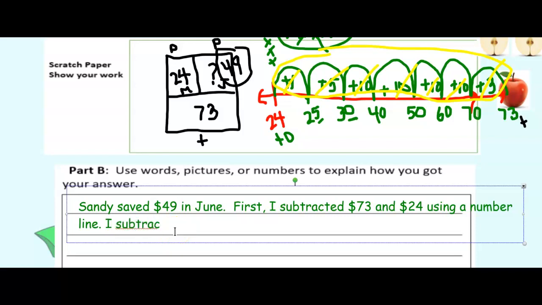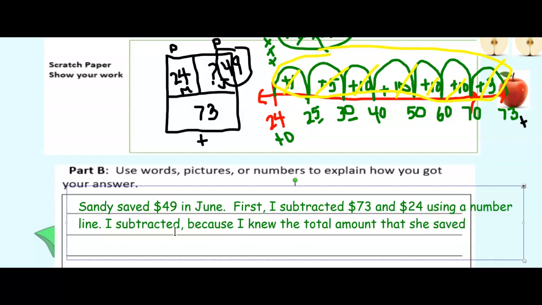I subtracted, comma, because I knew the total amount that she saved in May and June, and I knew how much money she saved in May.